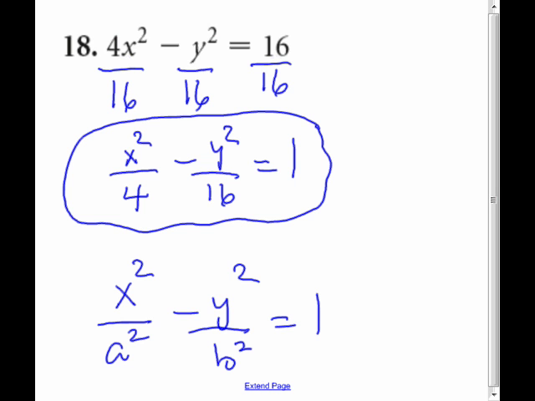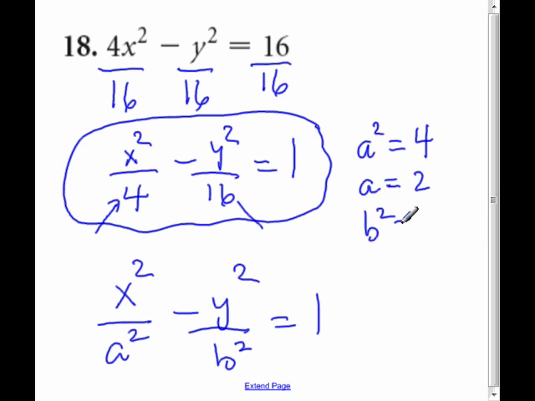So now I have the equation in the proper form. Looks just like the one below. And I know x squared is first, so whatever's underneath x squared is going to be a squared. So I know that a squared is equal to 4, therefore a is equal to 2. And I know that whatever's under y squared is b squared.